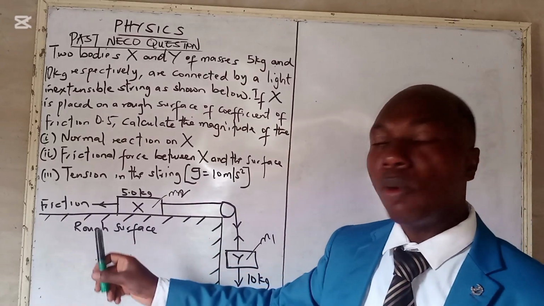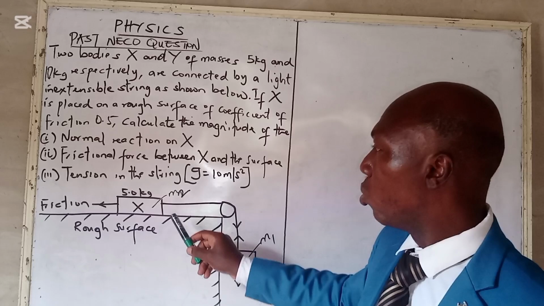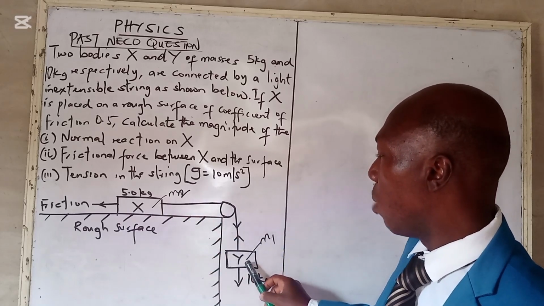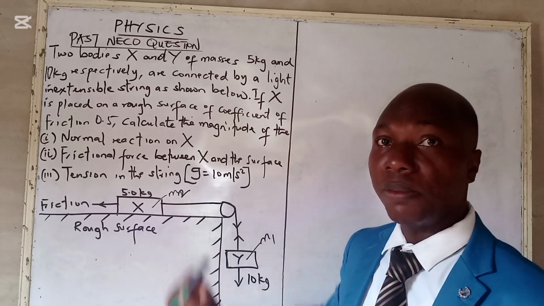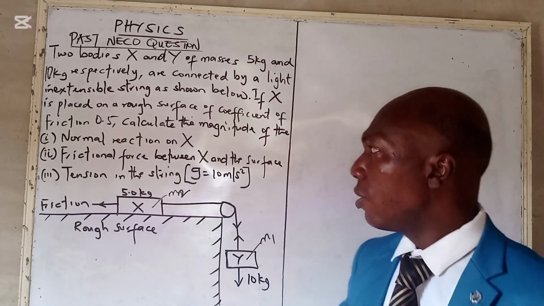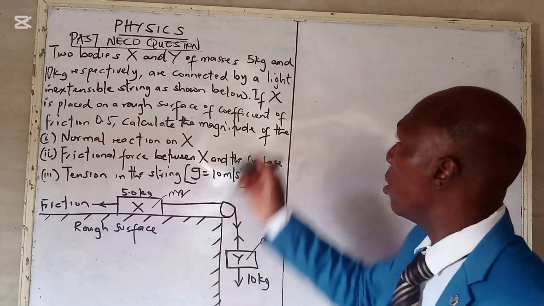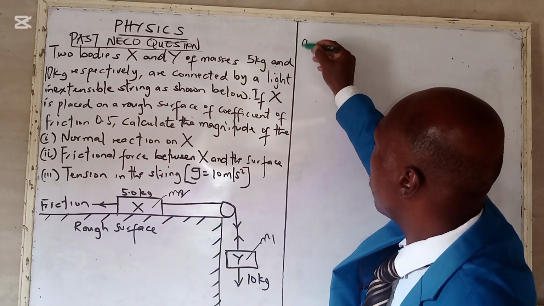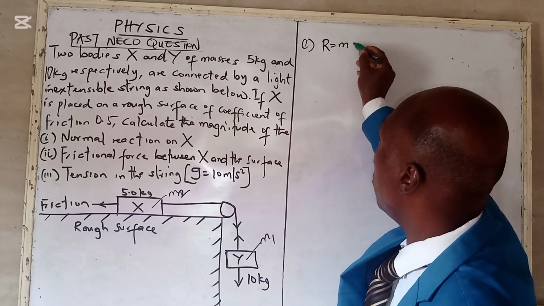I've actually come up with labeling the masses M2 for X and Y with M1. This is coming from me. So we have to calculate the normal reaction on X. The formula for calculating the normal reaction on X is given as reaction equals mg.